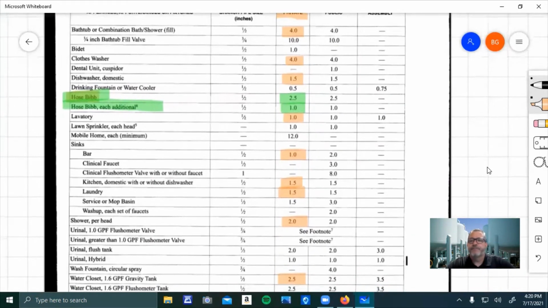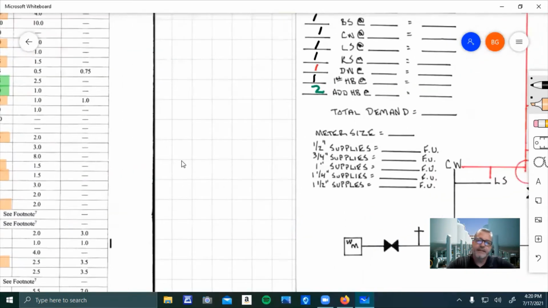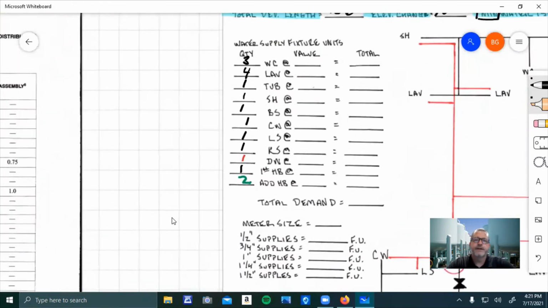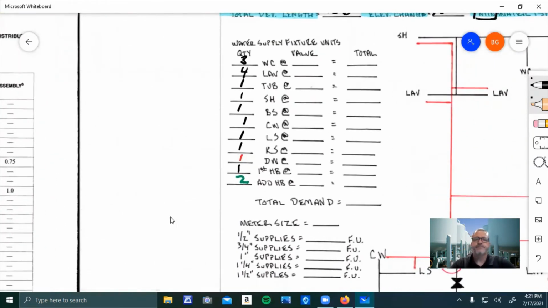Okay. Now we go back and plug everything in over here. The value of the water closet was 2.5, and so 3 at 2.5 gives me a total of 7.5. 4 labs at 1 fixture unit apiece is a total of 4 fixture units. 1 bathtub was worth 4, and that is going to be 4 fixture units.